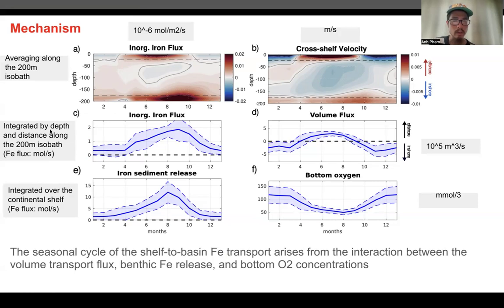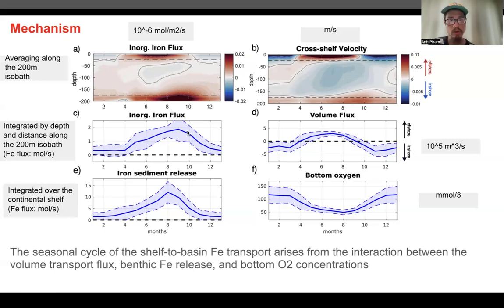And also, we're gonna look at the integration of cross-shore iron transport as a function of months along with the cross-shore volume flux also as a function of months here. And again, we see the correspondence between the cross-shore iron transport and the cross-shore volume flux.